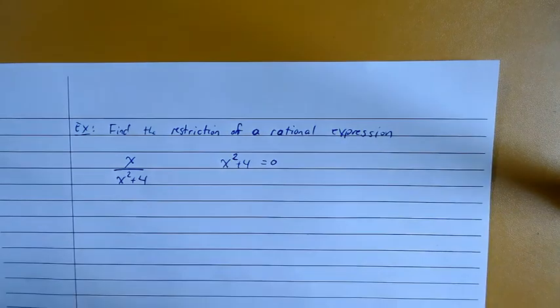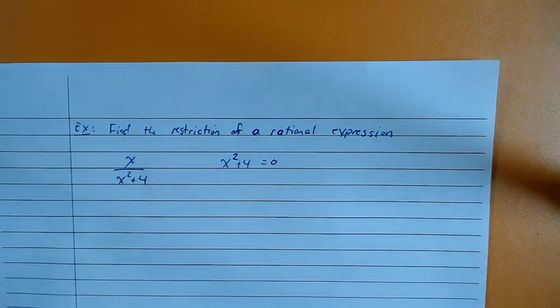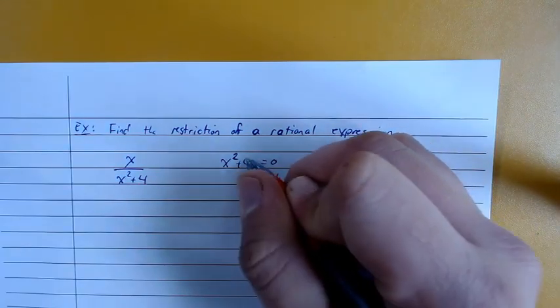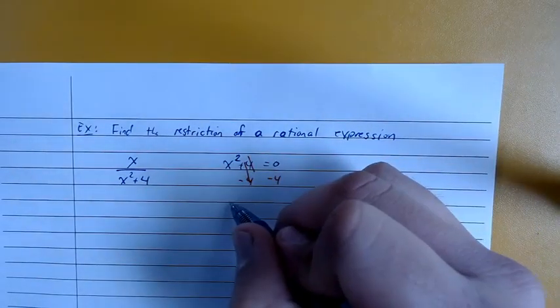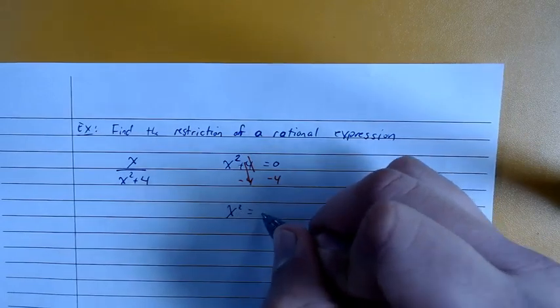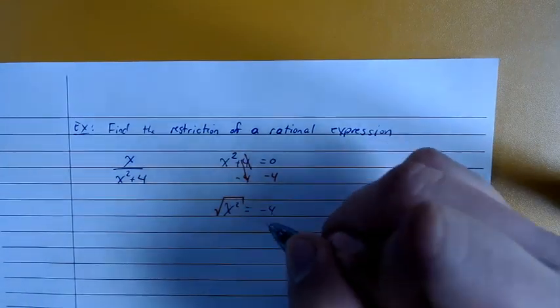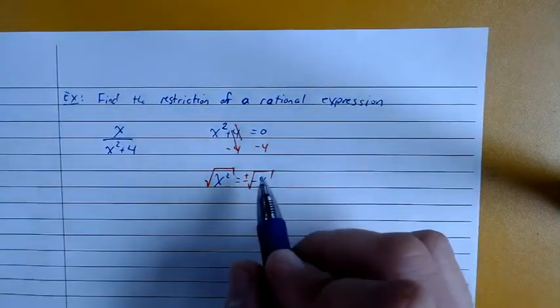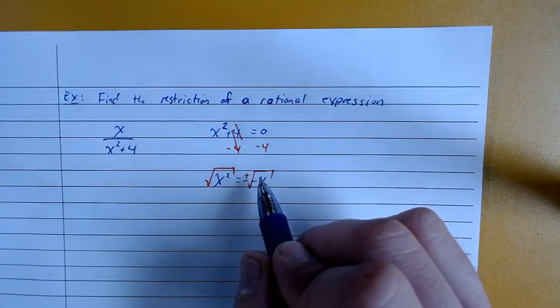x squared plus 4 equals 0. Notice here that this doesn't have any solutions. There are no real numbers that make that happen. Because if I take 4 away from both sides, this will give me x squared is equal to negative 4. And then to get that x by itself, I need to take a square root. Whenever I take a square root, there's plus or minus. But notice here, when I take the square root of a negative number, there are no real numbers that work that way.